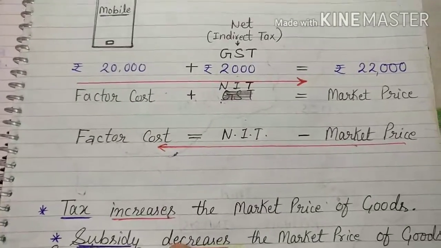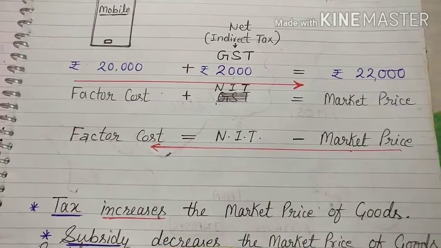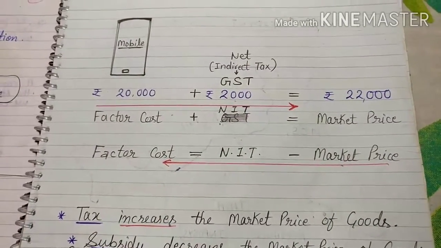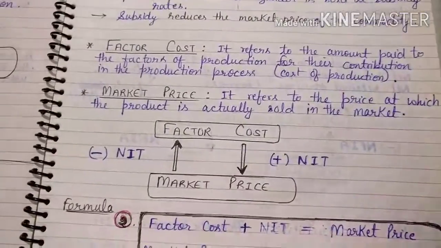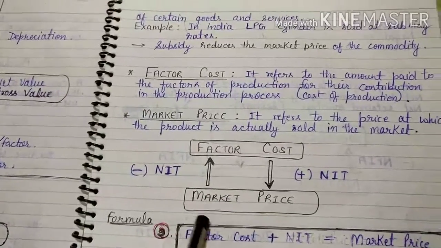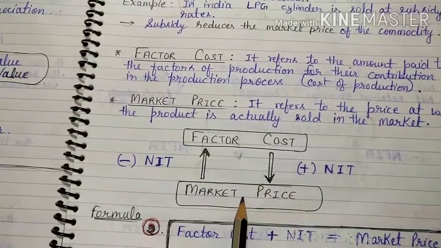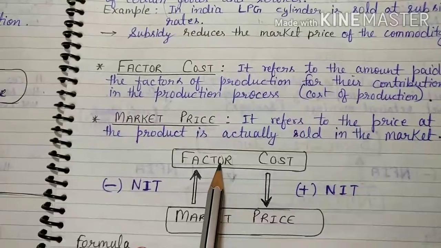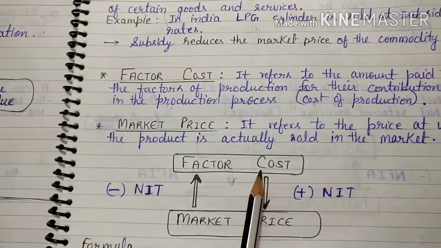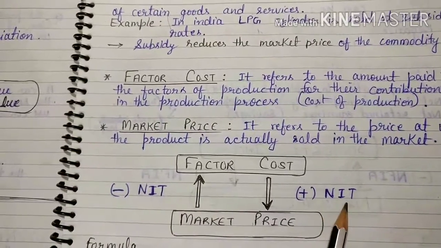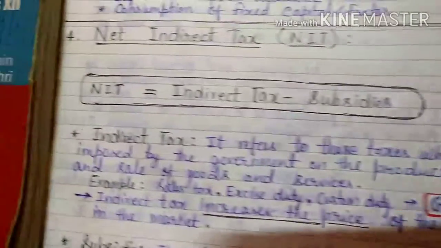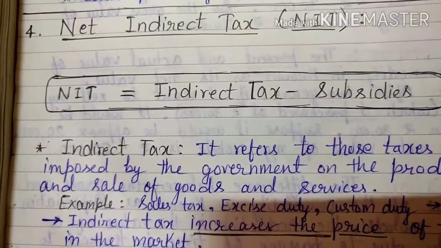Now see, tax increases the price of the commodity, and subsidy decreases the market price of the goods. Because of this we have made a new formula. Here is factor cost, and on the other side is market price. If we have factor cost and we want market price, we have to add NIT, net indirect tax, which comes from indirect tax minus subsidy.